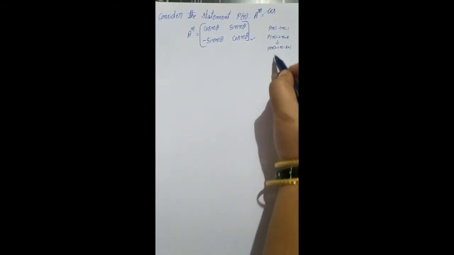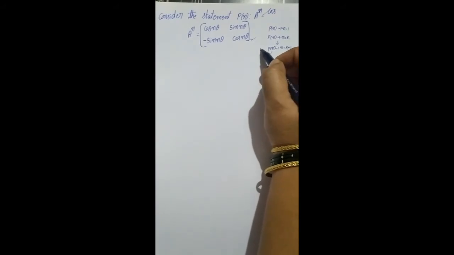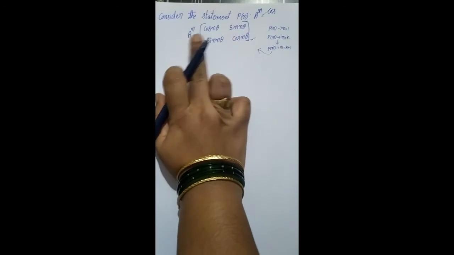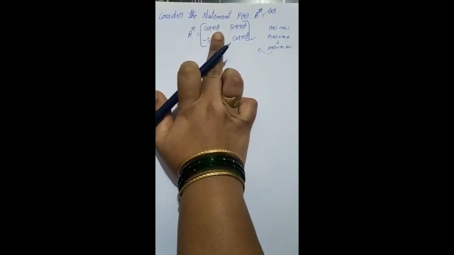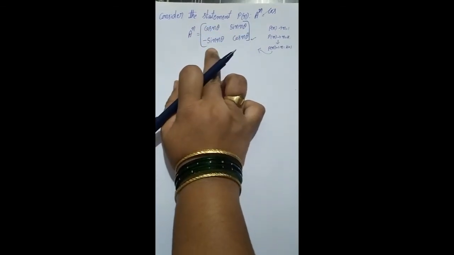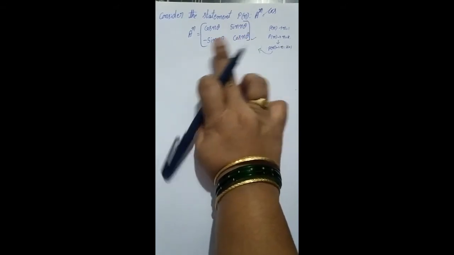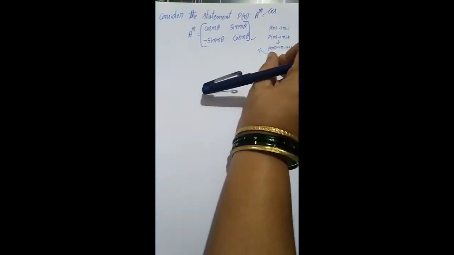Then automatically P of n is true. The given statement P of n, A power n equal to [cos n theta, sin n theta; -sin n theta, cos n theta], is true for all positive integers n. This is the procedure.